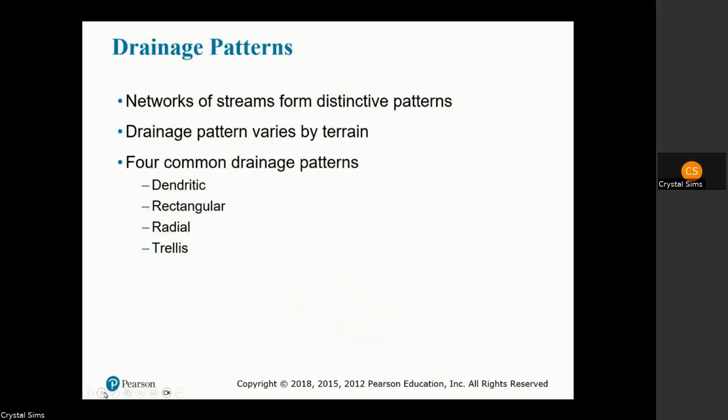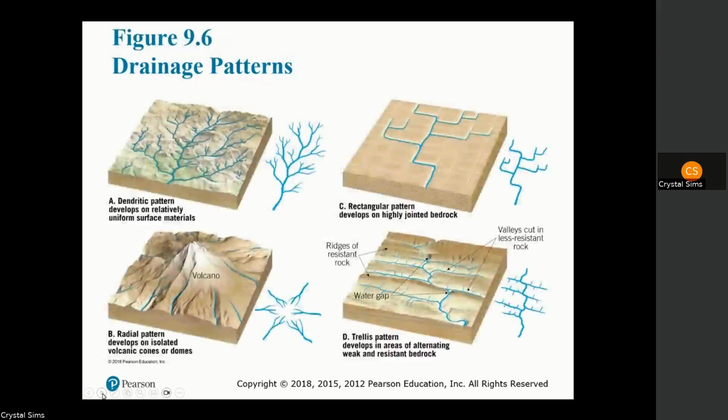Now, when we look at stream networks, they are going to form distinctive patterns based on the terrain that is present. And there are 4 different drainage patterns that we can see that are the most common. The first one there is a dendritic pattern, and this is the most common form of drainage that we see.